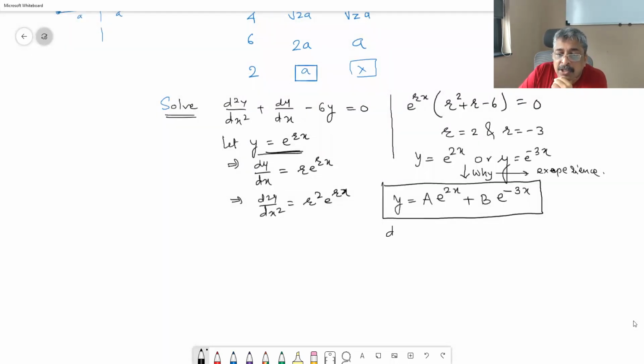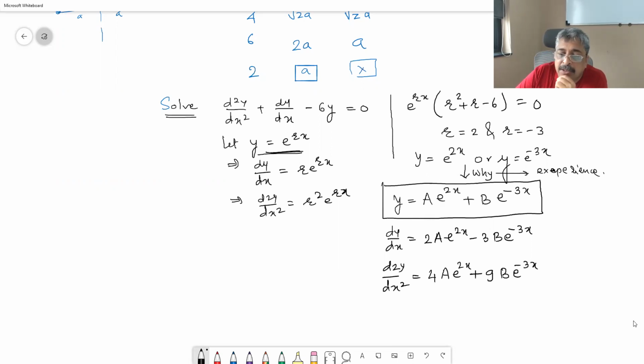So we differentiate this. dy by dx is equal to 2a e raised to 2x minus 3b e raised to minus 3x. d2y by dx square is equal to 4a e raised to 2x plus 9b e raised to minus 3x.